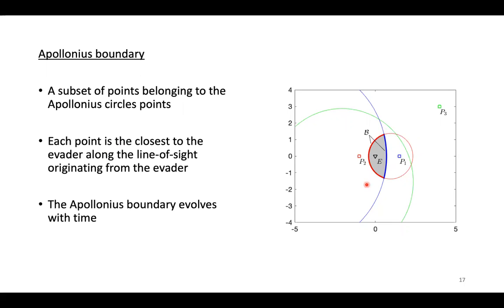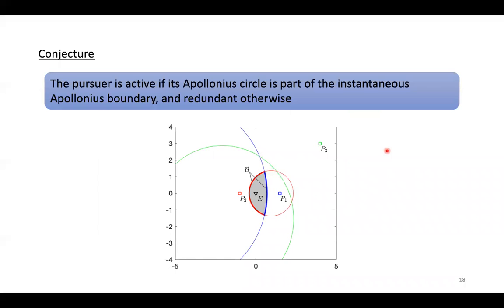So once you come up with this Apollonius boundary, the conjecture I came up with is this. I don't have a formal proof at this point. It's a bit difficult to come up with a proof even for these multi-agent scenarios, but I was able to come up with simulations, and as far as simulations are concerned, it works.